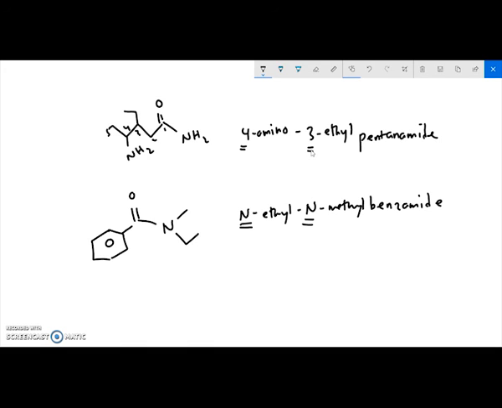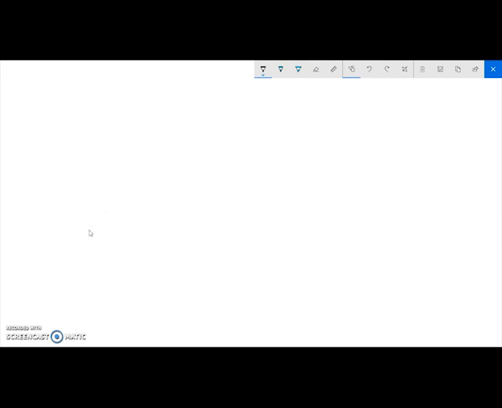So this will conclude the IUPAC naming system for the carboxylic acid derivative. In summary, the name for a carboxylic acid derivative is derived from the carboxylic acid, which ends up with oic acid. So if it is an acyl halide, it will end up as oyl halide.